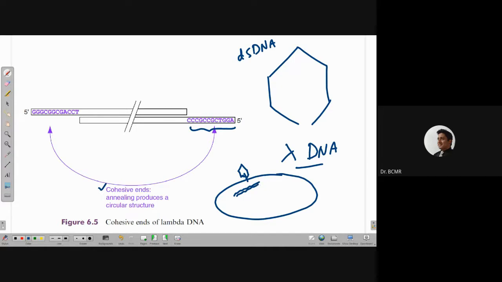In the cell, these two are complementary, so they will circularize and form a double-stranded DNA like this. It can undergo replication, or another possibility is getting integrated into the host genome to form a prophage. These are some of the possibilities.